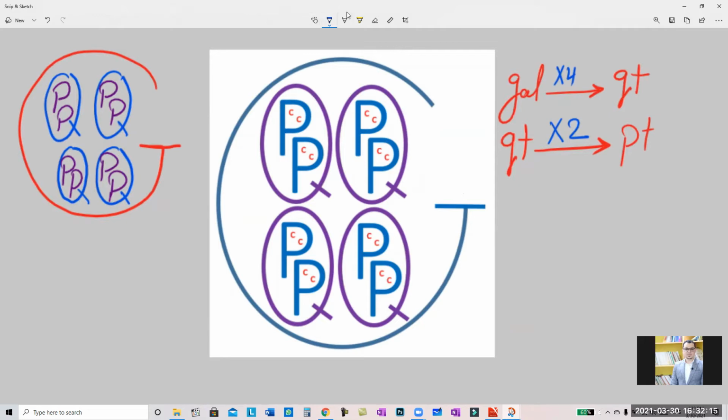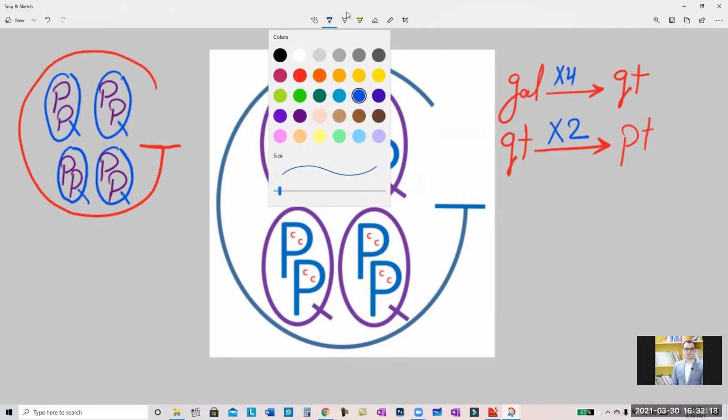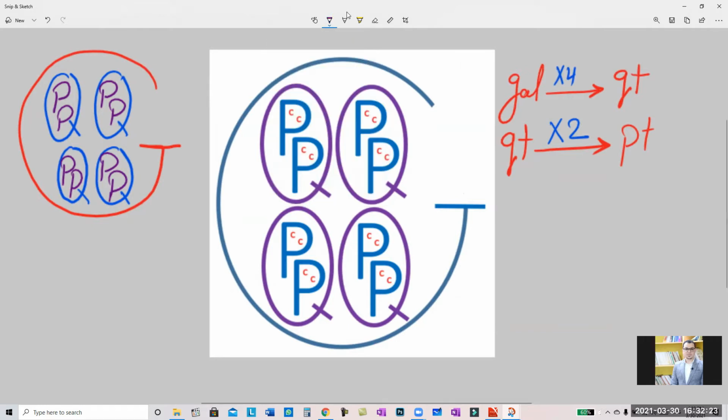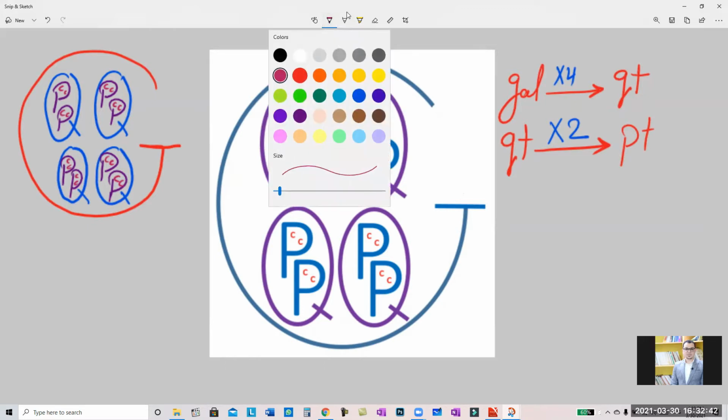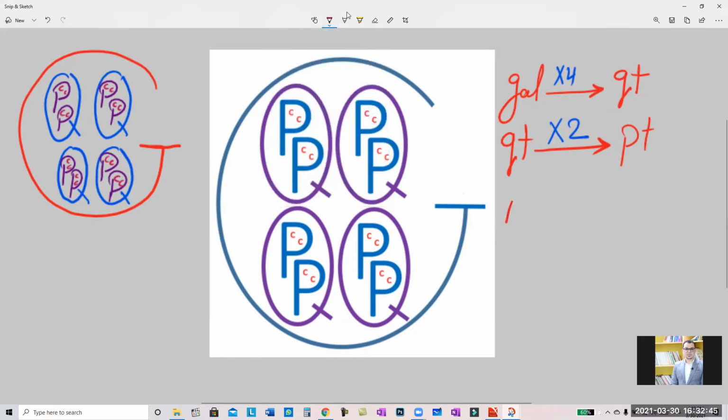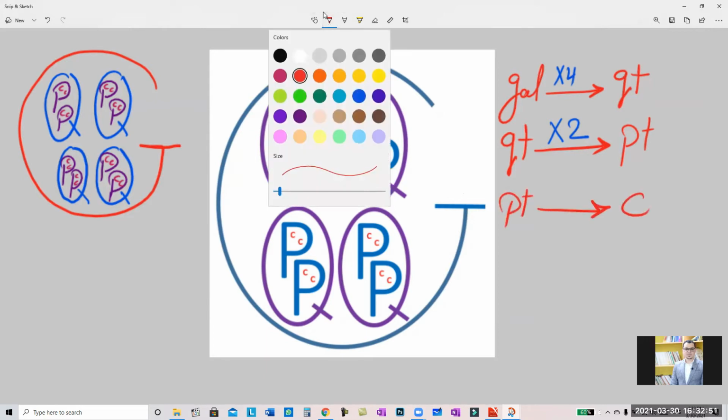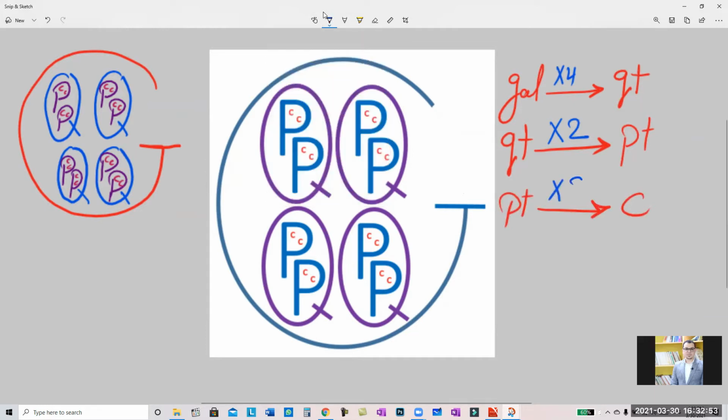After that, in each pint we have 2 cups. We have a small c here, the abbreviation for cups because cups starts with C. So if you want to convert from pints to cups, you need to multiply by 2 again.